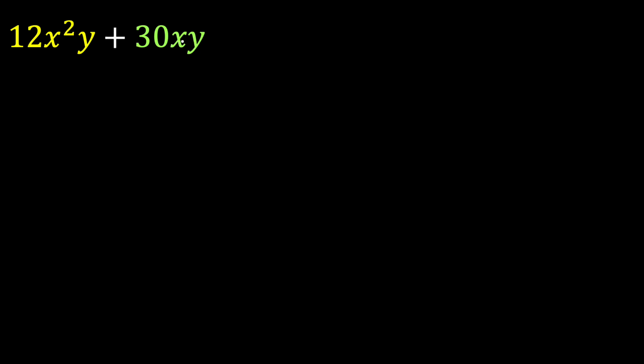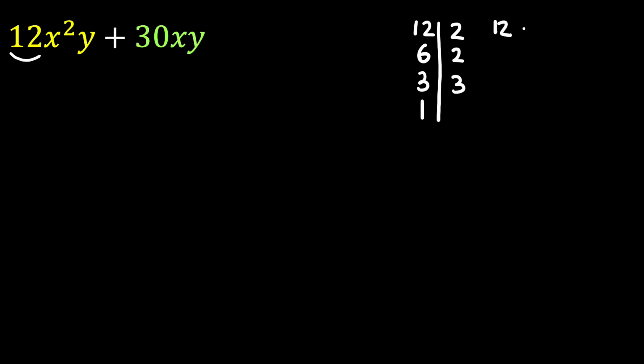First, we need to do the prime factorization of the number part of these two terms. For prime factorization, we start by dividing the number by 2. 12 divided by 2 equals 6, 6 divided by 2 equals 3, and 3 divided by 3 equals 1.